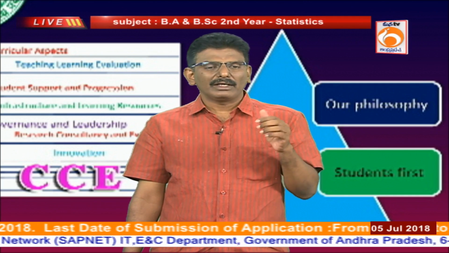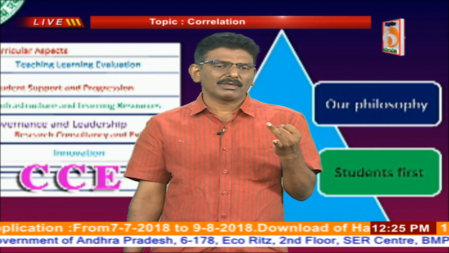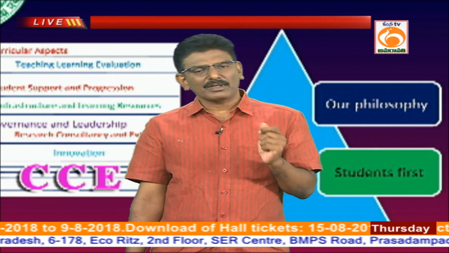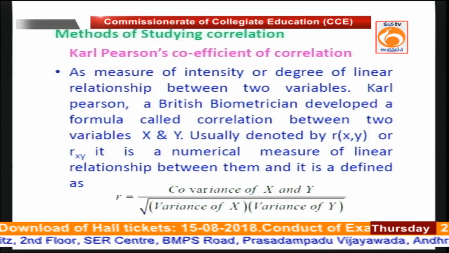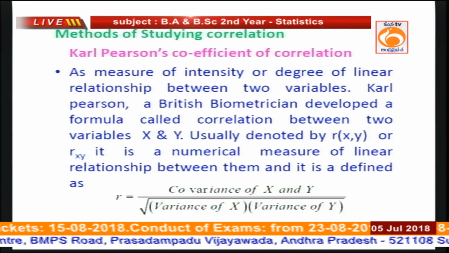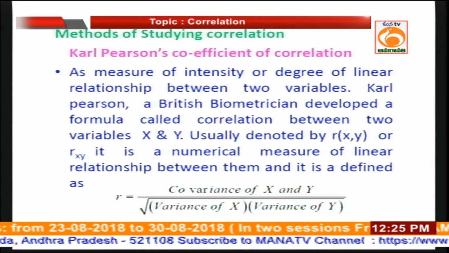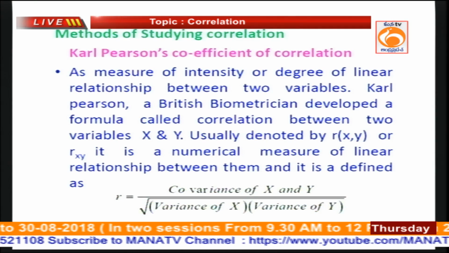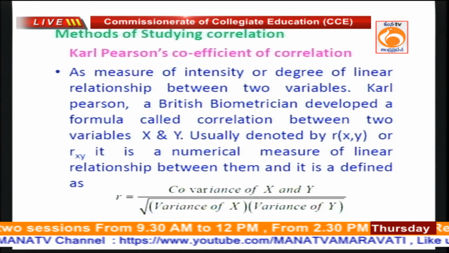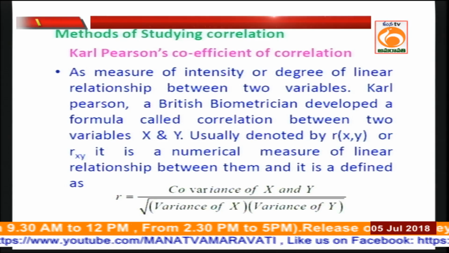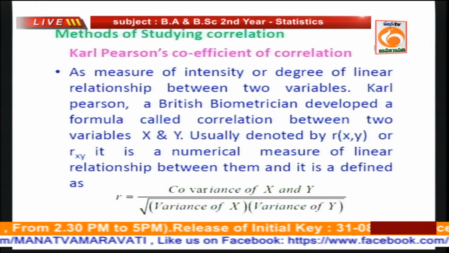But in the degree syllabus we have the graphical method, mathematical method and rank based method. Karl Pearson, a biometrician, defined one powerful concept as a measure of the intensity or degree of linear relationship between two variables.